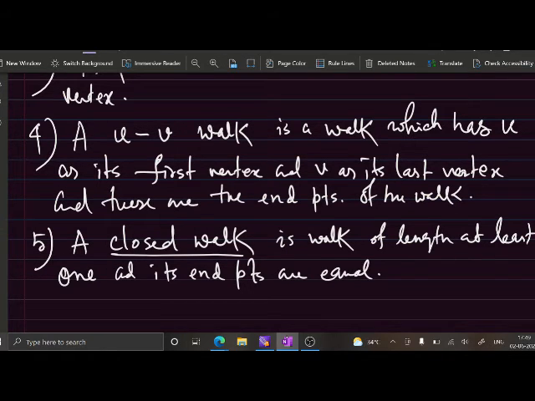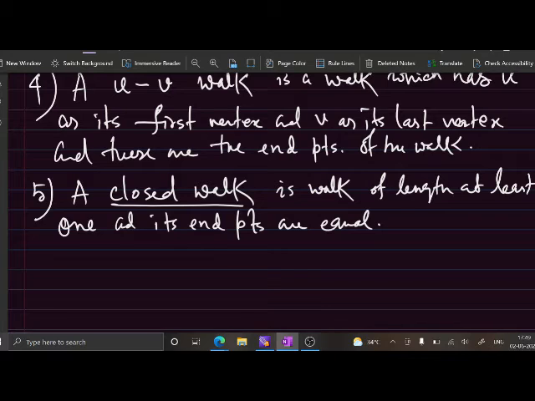That means you start from U and then you come back to the same vertex U. So that is called a closed walk.